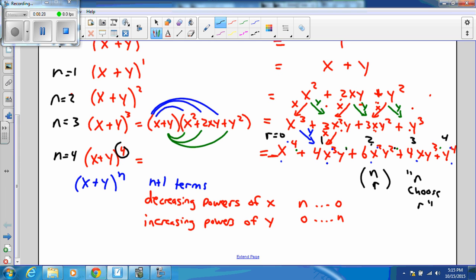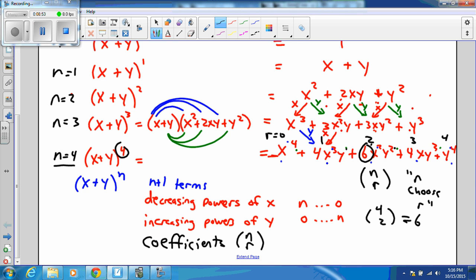So, for example, the coefficients are n choose r. I can read immediately that if I want 4 choose 2, then I can determine that just by going down to n equals 4, that's this row, and counting over 0, 1, 2, and n choose 2, 4 choose 2, excuse me, would be 6.